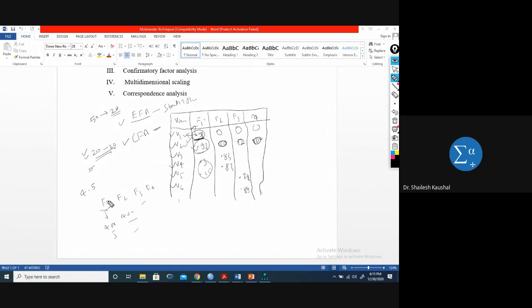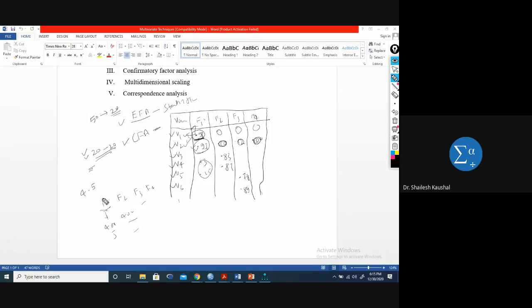Whatever questions we take in CFA are pre-decided through theory, because in quantitative research we test theories.